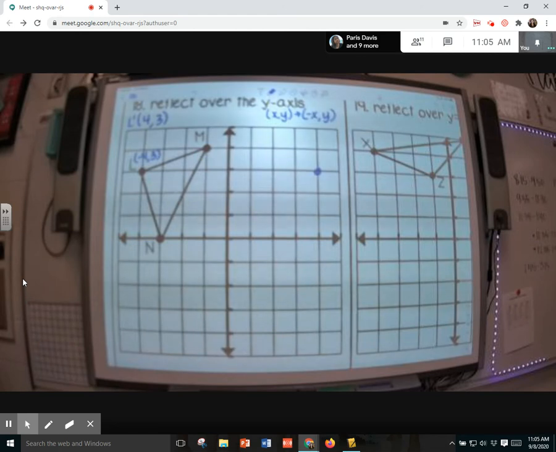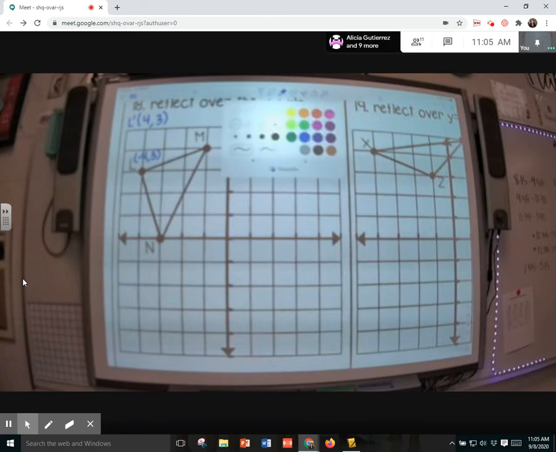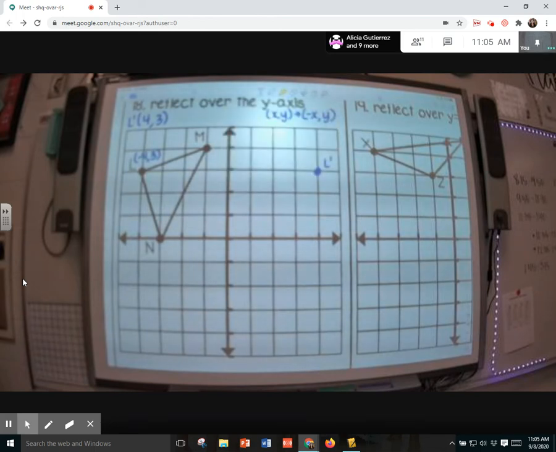So like what I was just telling Caden, there's 4 right here for the L, and then right here, I move 4 to the right. So 4 to the left, 4 to the right, if you didn't want to write out the coordinates.